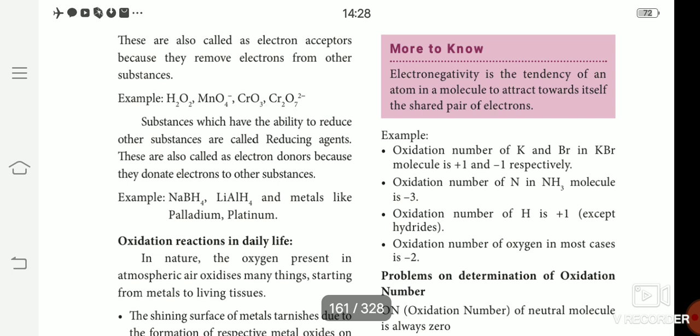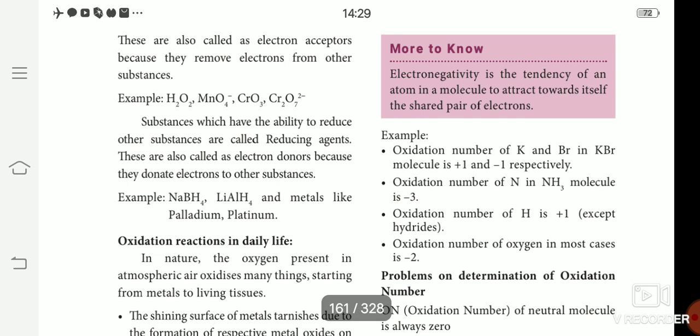Next is the reducing agent. In a reducing agent, such as metals, the electrons are donated to the other atom.